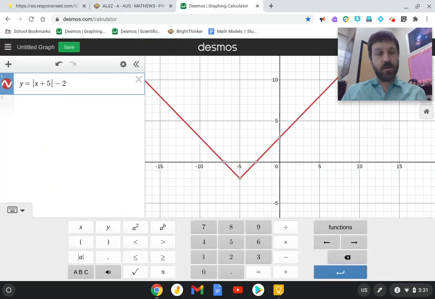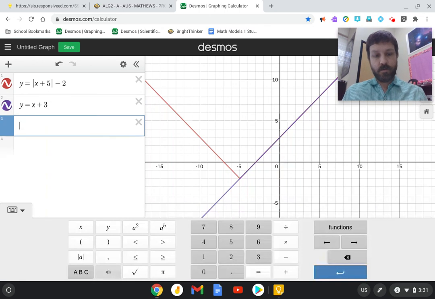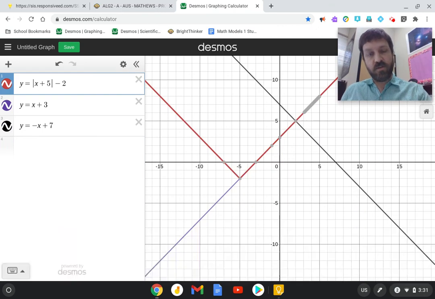Let's go look. y equals x plus 3. y equals negative x plus 7 or minus 7. Now, what you're looking, oh no, negative x plus 7. Okay, what you're looking for is the lines that actually match up with what you see here in red.